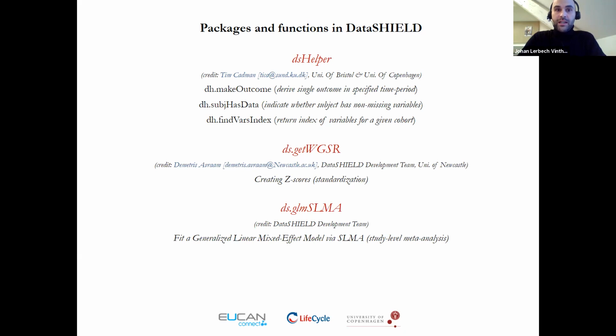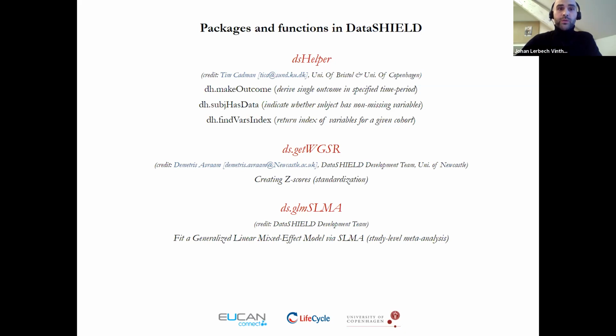He's made the function DH make outcome, which derives single outcomes in specified time periods. For example, some of the cohorts have multiple measurements in the different age periods, and using this function, it's possible to choose the earliest or the latest or specified outcome within a specified period.